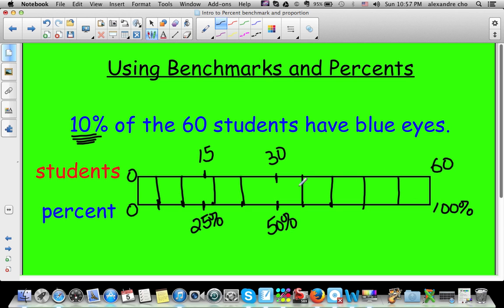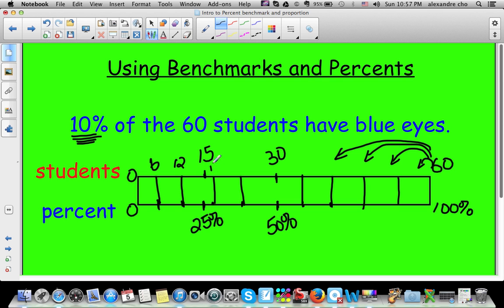So think about it for a second. If I have 10 boxes and the total number is 60, how many would fit in here? If I had to break 60 into all those boxes, each box would have, well, 60 divided by 10 is 6. Let's put 6, 12, not that one because that's 25.